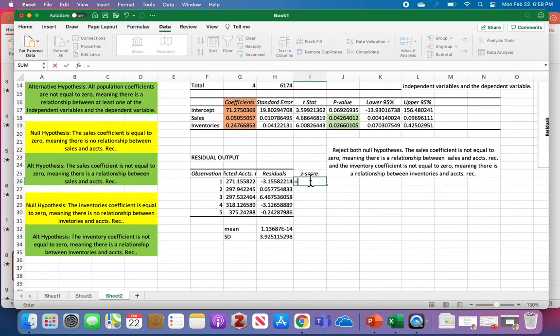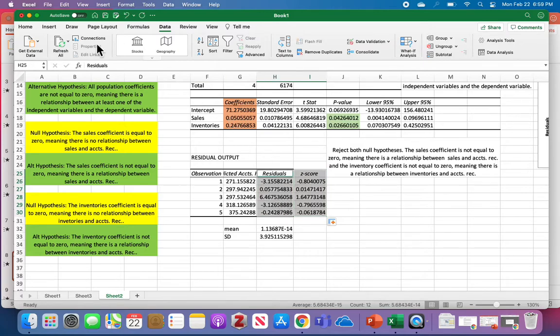And let's find our z-scores. Remember, it's standardized: the residual minus the mean, which is going to be absolute referenced, divided by the standard deviation, absolute referenced, and that's it. And then we need to construct a scatter plot using the z-scores and the residuals.